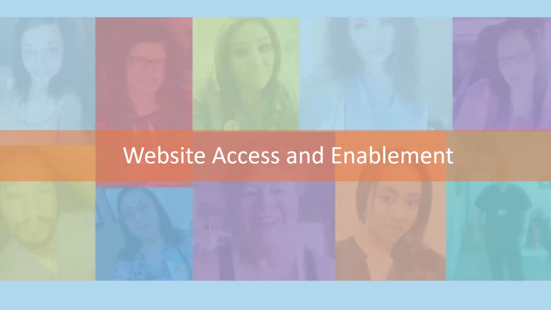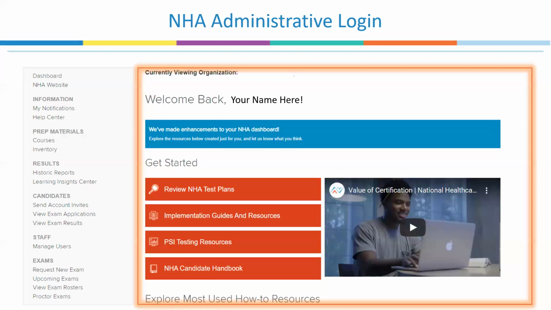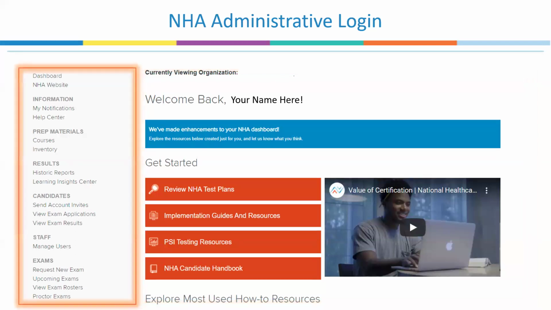Now that you've seen your resources, let's talk about your access to the website and even get into that live demonstration. So we've reviewed the resources part of the dashboard. The other portion of the NHA website is on the left-hand side in your navigation bar.